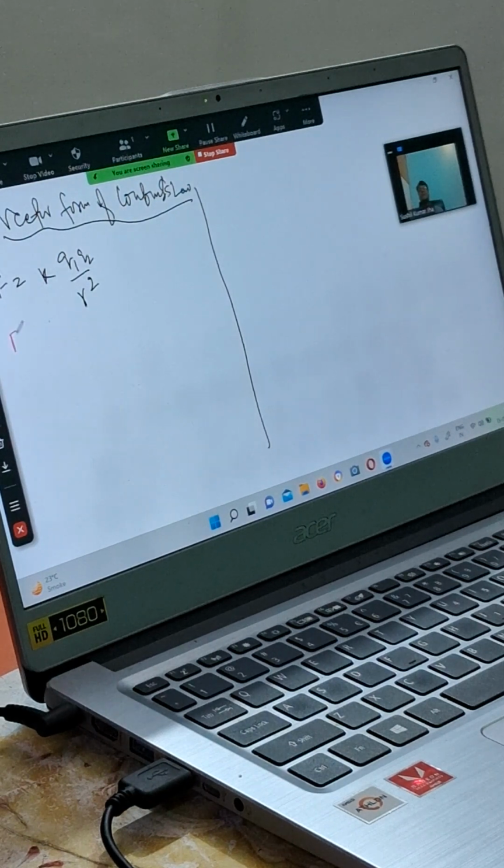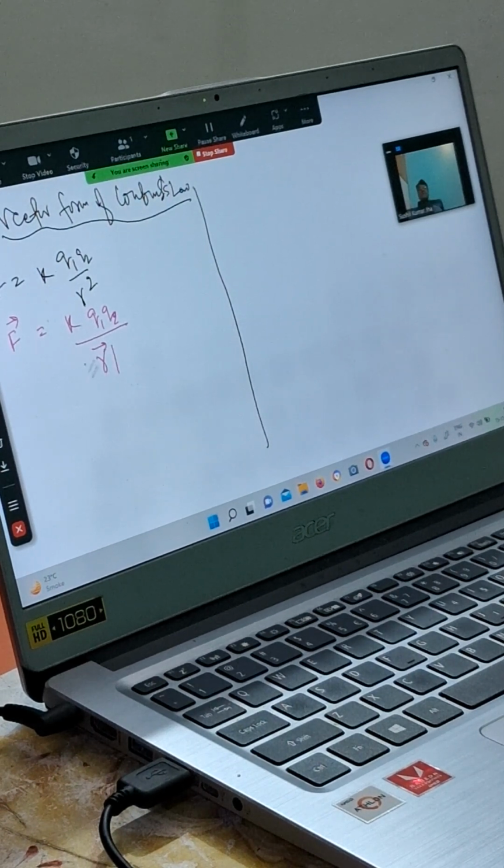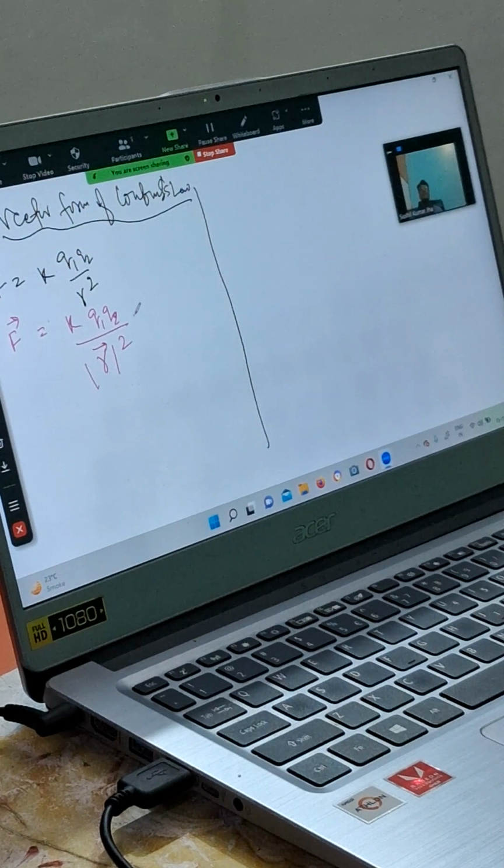Now we write F, which is a vector force. K remains same. Q1 Q2 is fine, we cannot change it. This R, basically we take the magnitude of this, square of this, and over here we may write R cap. This is the general form.